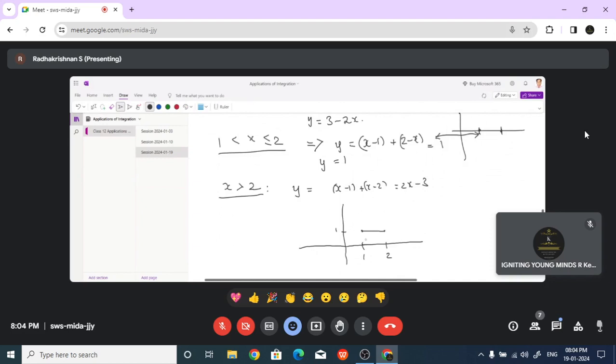So in the range less than 1, it is y equal to 3 minus 2x. Okay, so that means 2x plus y equal to 3. So 2x plus y equal to 3. So you can easily determine its intercepts, right?